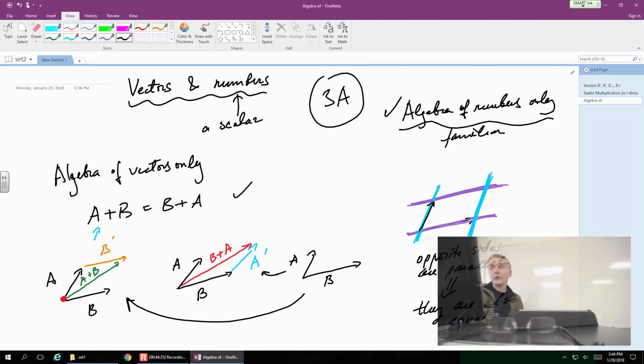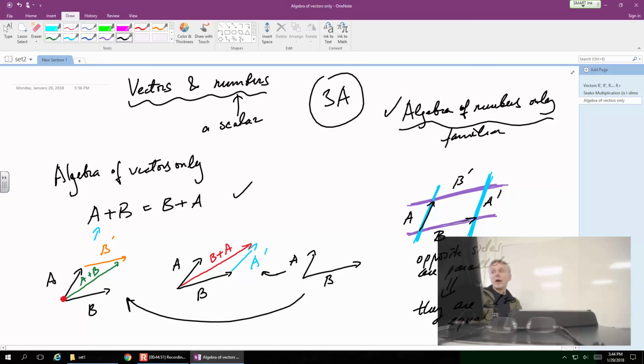The picture not only depicts a parallelogram, it also illustrates vectors as well as their copies. If this is A, then the opposite one, B, will be on the opposite side, not only parallel but also of the same length. So B prime will be here, and similarly, A prime here.